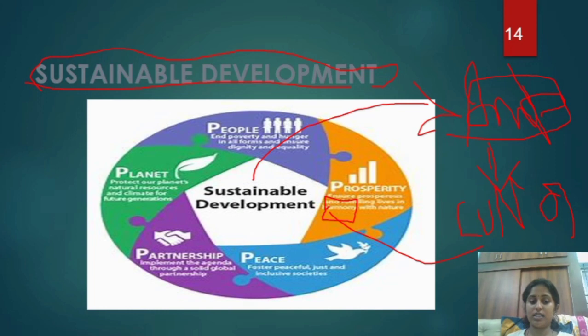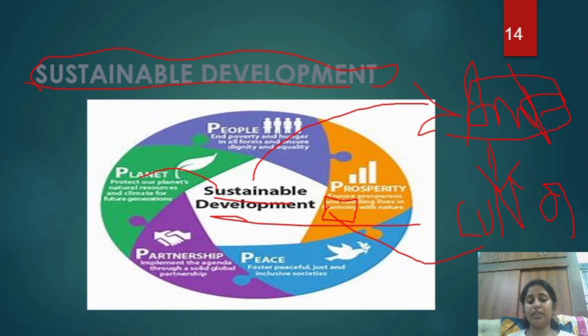First of all, what is sustainable development, students? Sustainable development is nothing but resources which are judiciously utilized so that they are available for the future generation also. Again, listen.